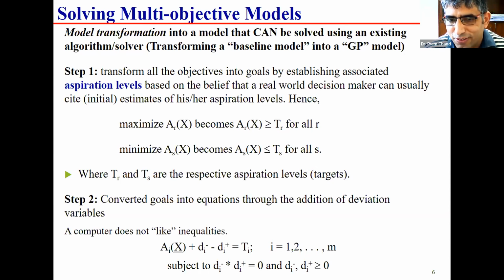So subject to the constraint that d minus multiplied by d plus equals 0, it means one of these will be 0, the other will be a non-negative positive value, meaning more than 0.